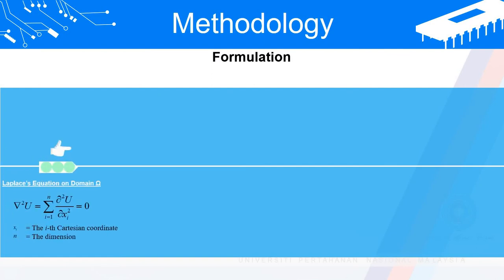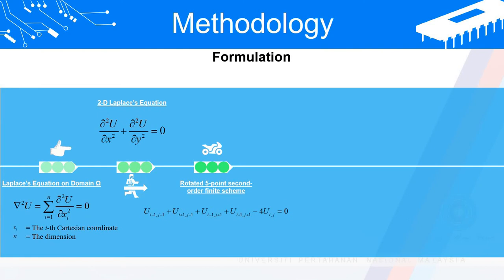First, we'll consider the Laplace equation on domain Ω. From this, we form a 2D Laplace equation. The discretization of the Laplace equation is based on rotated 5-point second order finite difference approximations. This scheme will be implemented to the half-sweep SOR method, which has one parameter, omega.